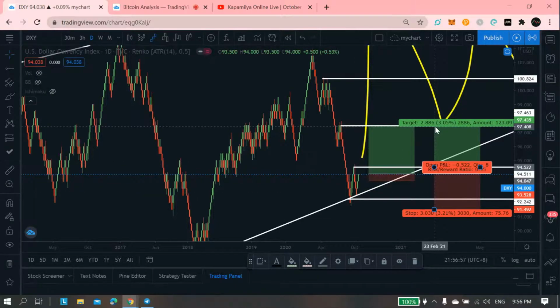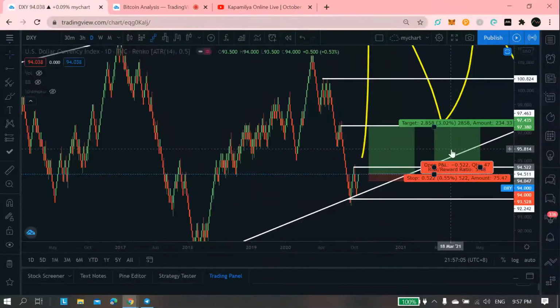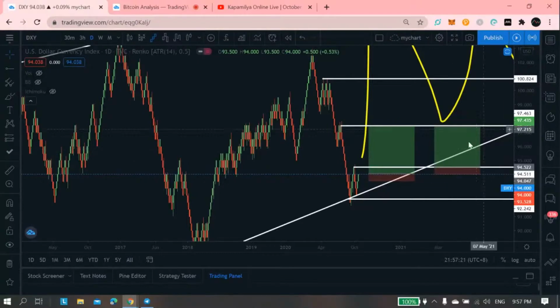Then I will measure the possible risk reward, which is still within my appetite, a risk reward ratio of 5.48, and still the same TP.